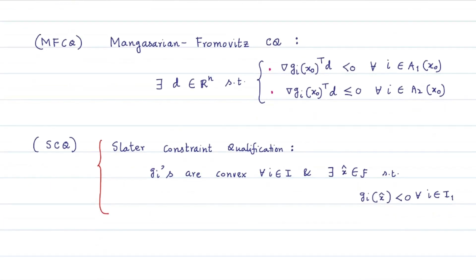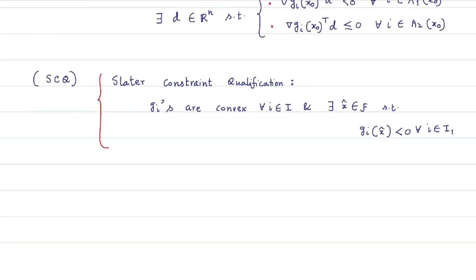And you know, there is a nice interrelationship among all these four constraint qualifications, although I will not prove it, we do not have much time, but I will just mention that this Slater constraint qualification implies the Mangasarian-Fromovitz constraint qualification. Mangasarian-Fromovitz implies the Abadie constraint qualification, and ultimately Abadie implies the Guignard constraint qualification.